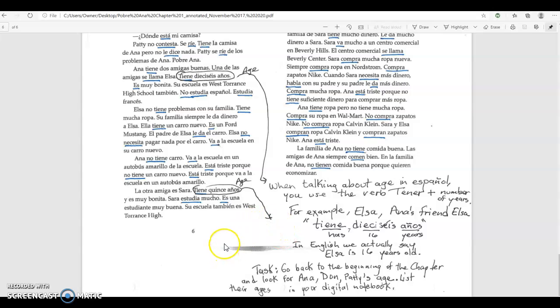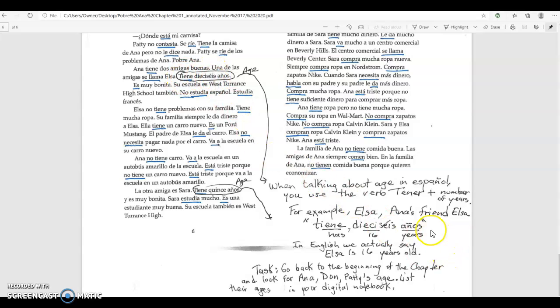When we speak about age in Español, we use the verb tener plus the number of years. For example, here where I'm pointing, Ana's friend Elsa, it's telling us how old she is.